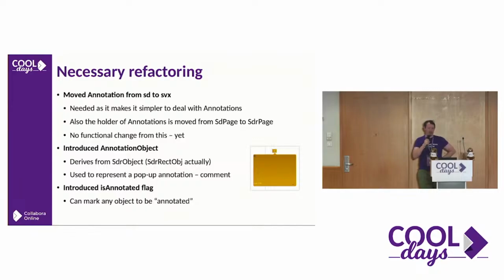Then I had to introduce a new type of object, an annotation object, which derives from SdrObject, so that it's possible to represent the basic pop-up annotation, like this comment. Then I added an is-annotated flag, and generally any SdrObject can be represented as an annotated object or not.